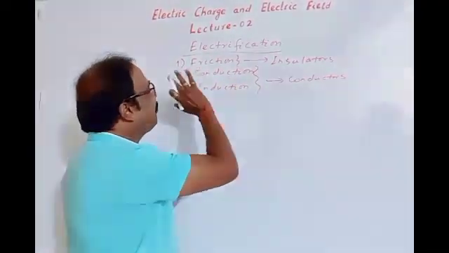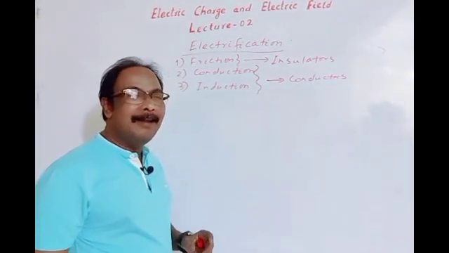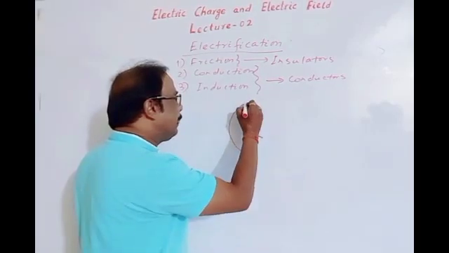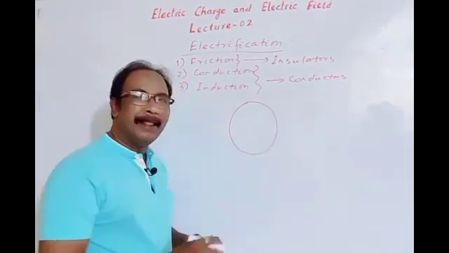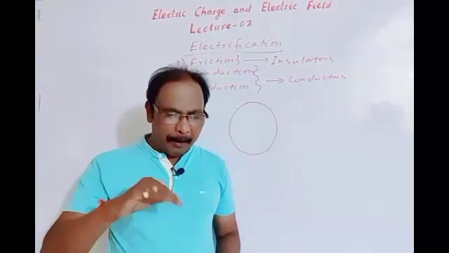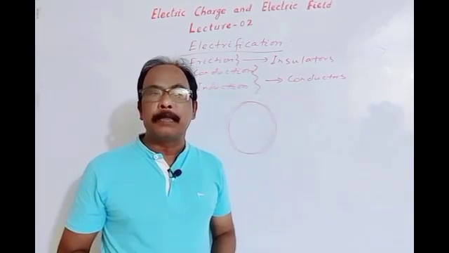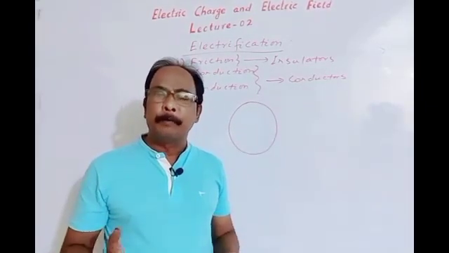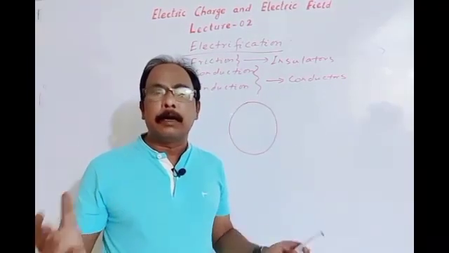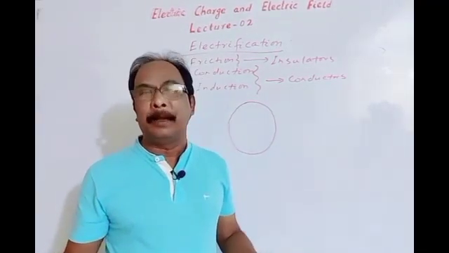Before going to the methods, friction, conduction and induction, let's have an idea. Suppose I am discussing a conductor. In usual form, we define a conductor as a substance which allows the flow of charge in it, or we may say a conductor contains a high number density of free electrons.